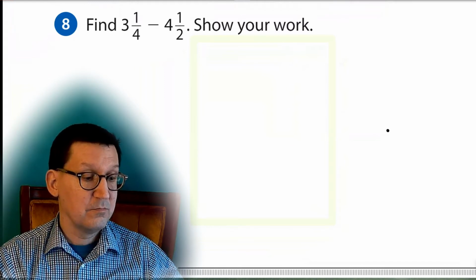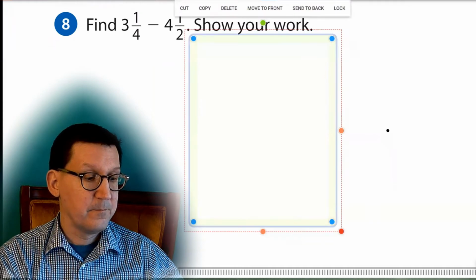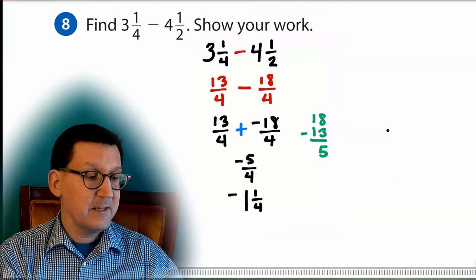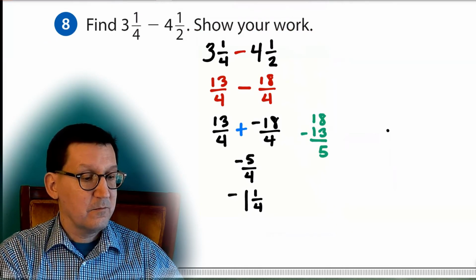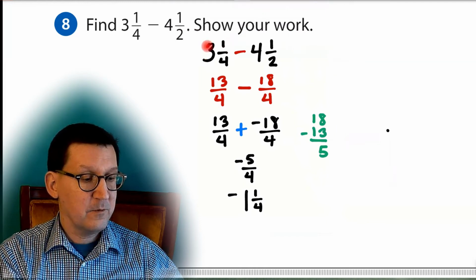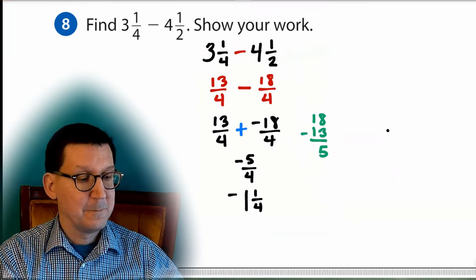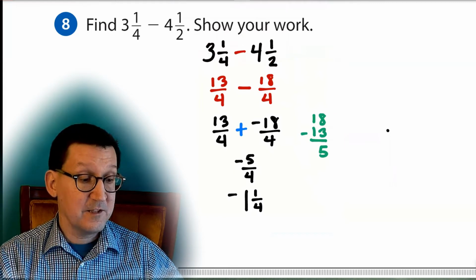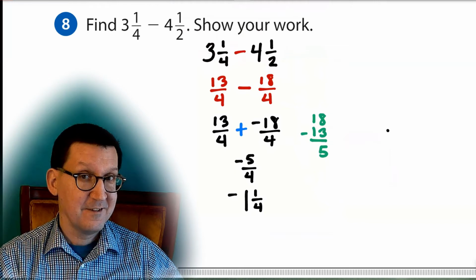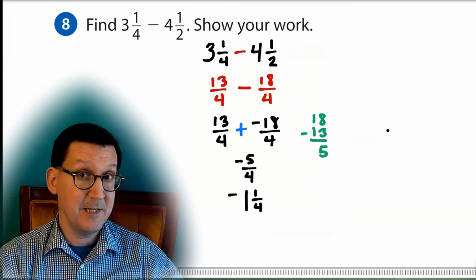What we can do looks like this. So we started off with 3 1/4, and we're subtracting 4 1/2, right? Well, first thing let's do, get these from mixed numbers into improper fractions, and then get a common denominator.